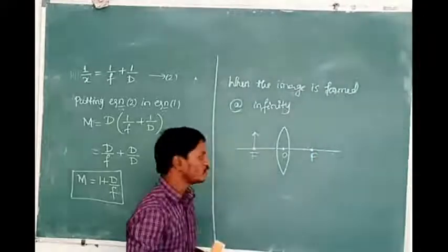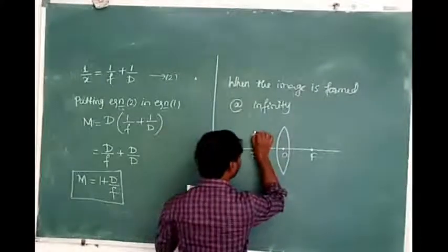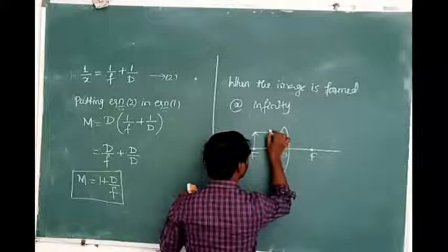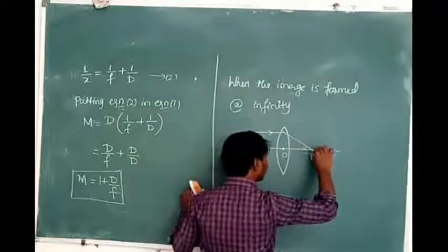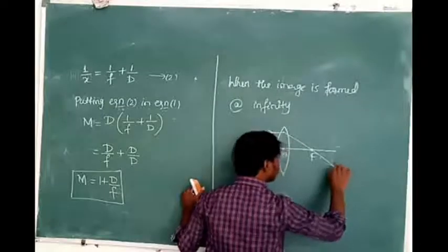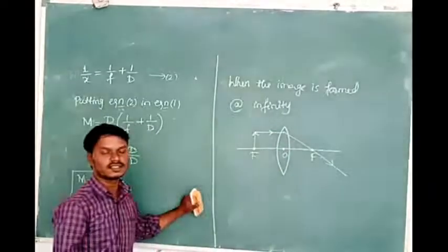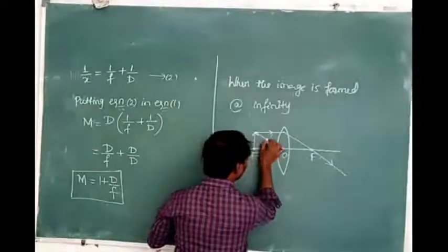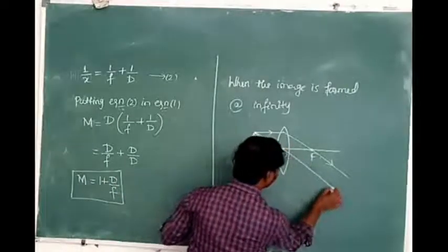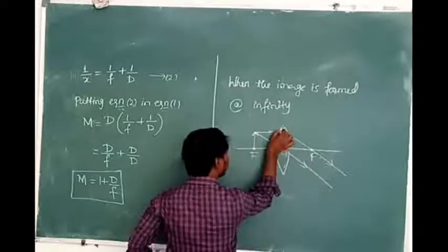Then the first ray is parallel to the principal axis. After refraction, the refracted ray passes through the second principal focus, and one more incident ray that is passing through the optical center passes without any deviation. Now these two rays are parallel. I will extend them.